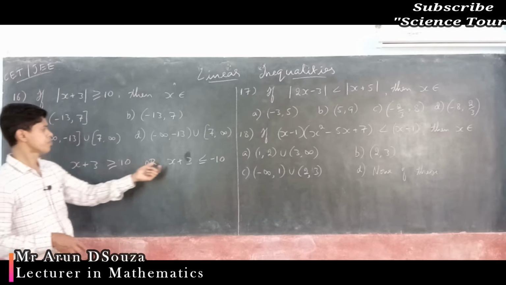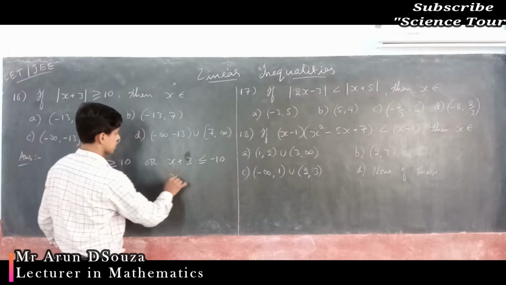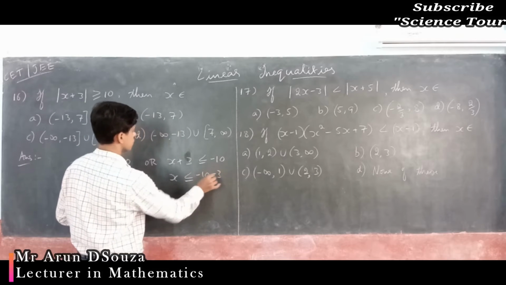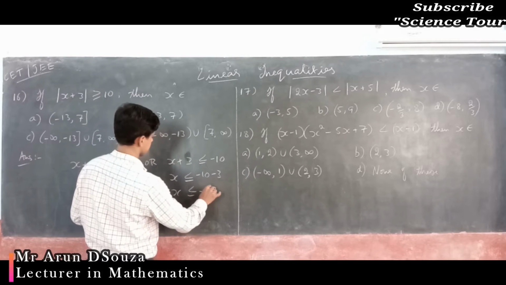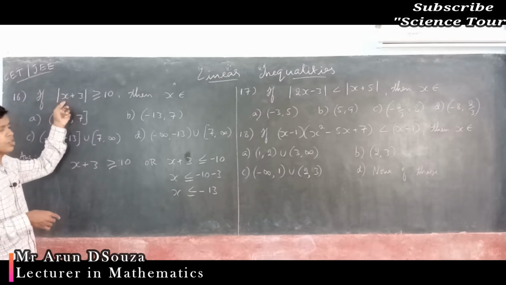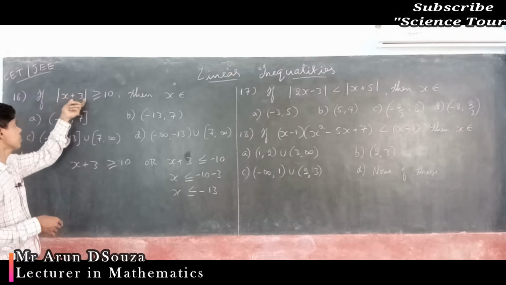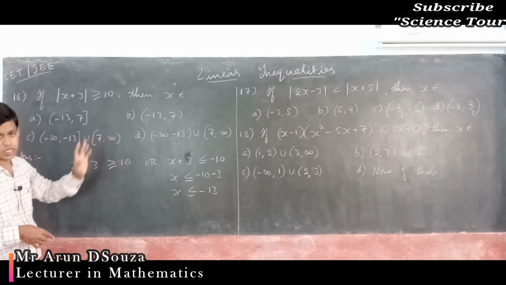So x must be less than minus 13, because minus 10 minus 3 is minus 13. So if you put minus 14, then minus 14 plus 3 is minus 11, modulus of minus 11 is 11, which is greater than or equal to 10. So that satisfies, correct?